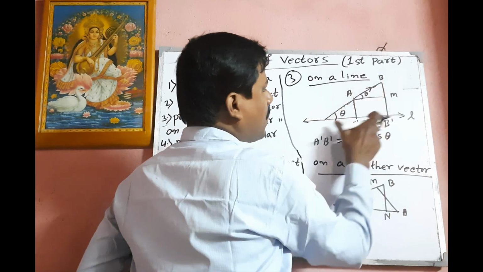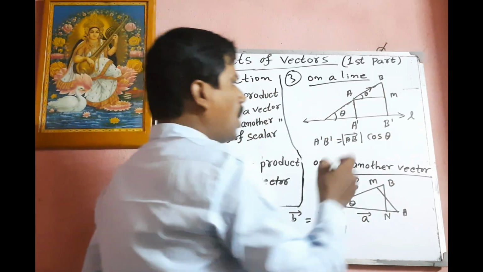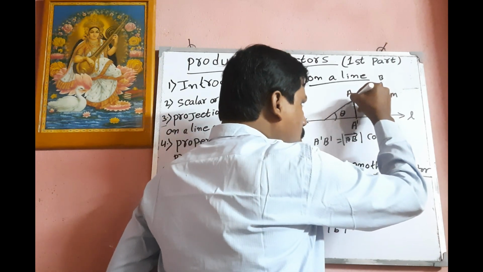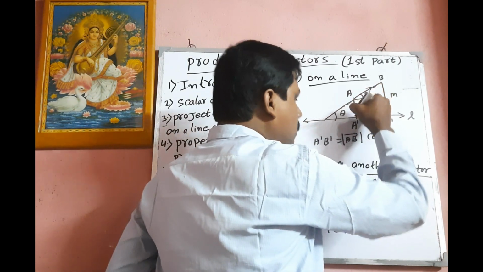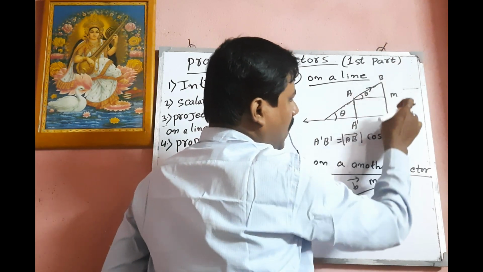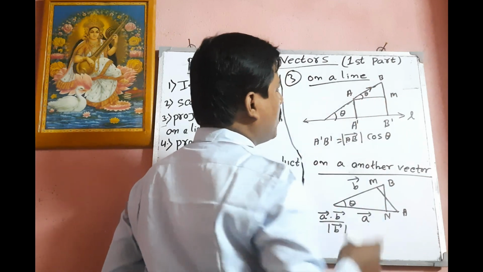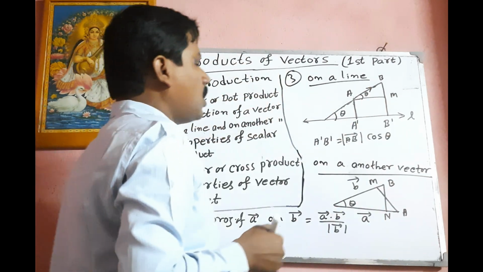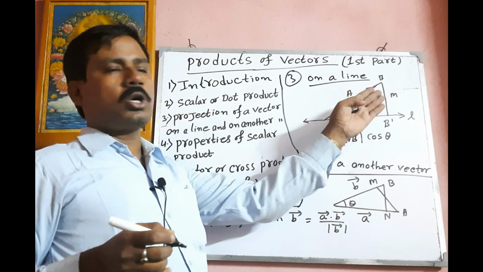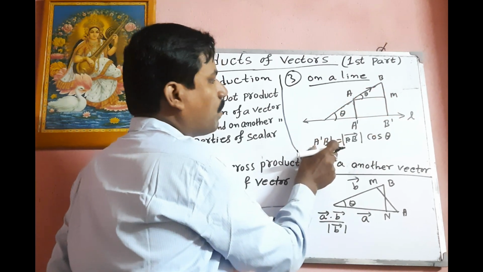Then AM is parallel to L. Then we can draw perpendiculars to the line L. Here BB dash is perpendicular to L and AA dash is perpendicular to L. Then the projection of AB vector on the line L is A dash B dash.